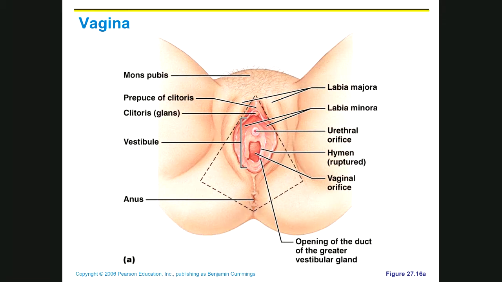If you look at the opening to the vagina, here it is. Well, in young females, there's a membrane which completely blocks the opening to the vagina, and that's called the hymen. The hymen, though, around puberty, under the influence of hormones, becomes very, very thin. And it's very, very easily torn.